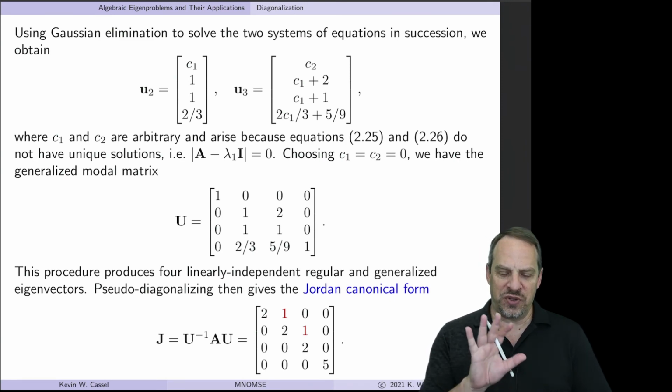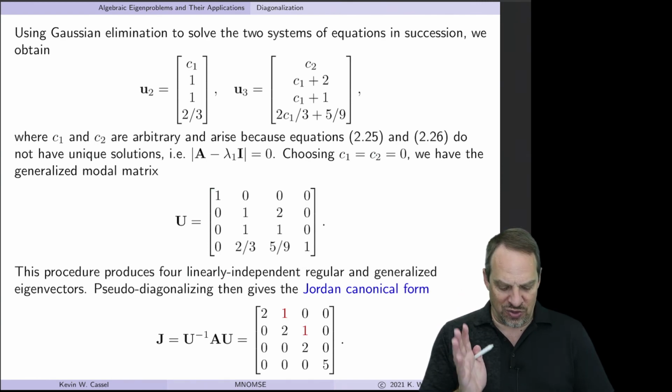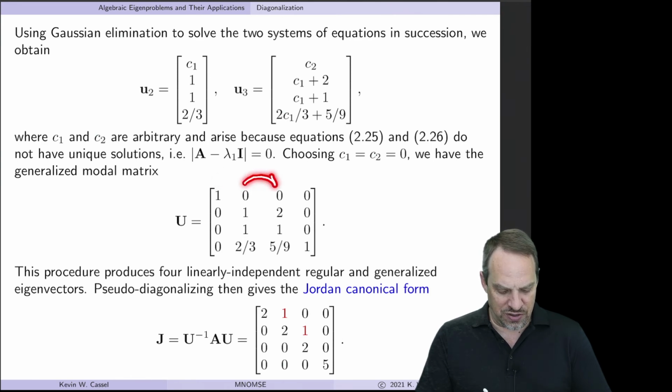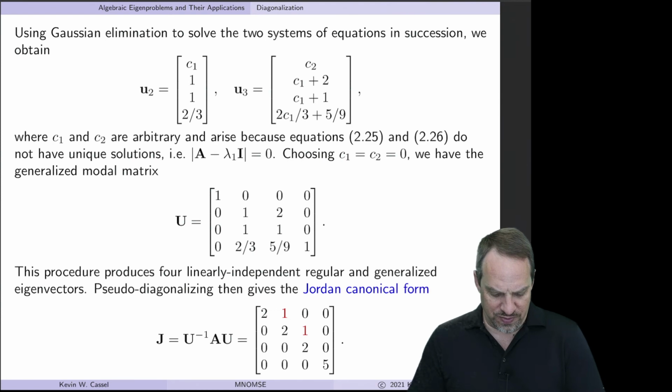So remember, for diagonalization in general, the order in which you put the eigenvectors in to form the modal matrix doesn't matter. However, here it does. So I got u2 from u1, and then I got u3 from u2. So those need to be in order, 1, 2, 3, and then my 4th one, which is the regular eigenvector.